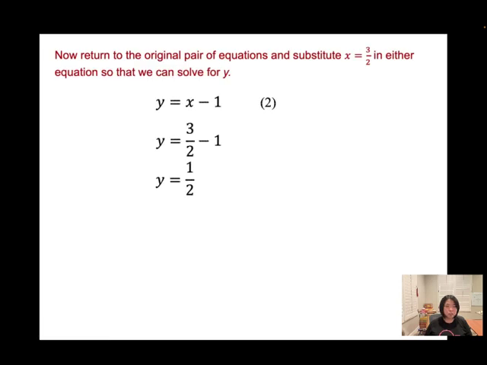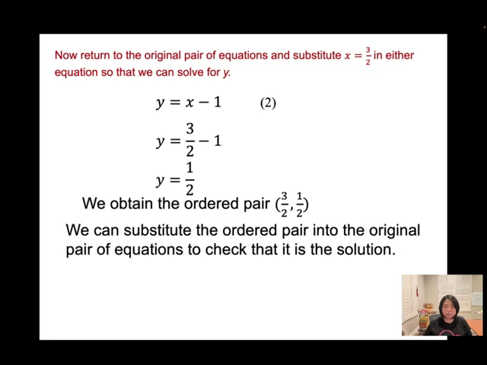You should get y equal to 1/2. And at last, your solution is an ordered pair, 3 over 2 and 1/2. We also can check our work by substituting the ordered pair into the original pair of equations to check if this is the solution.